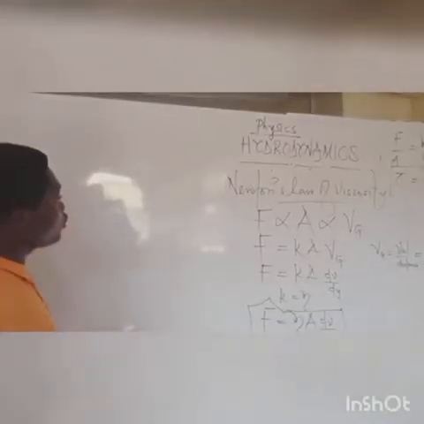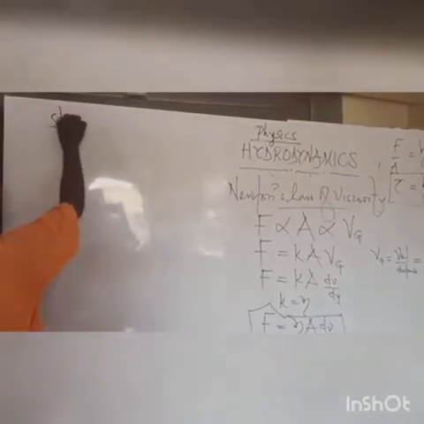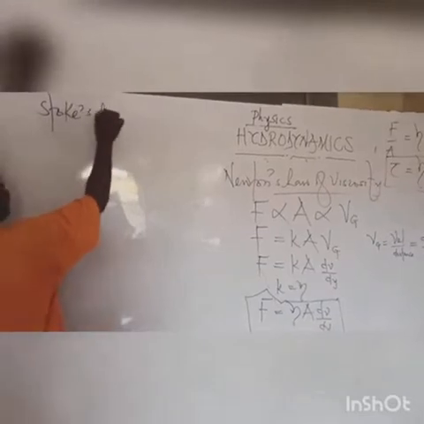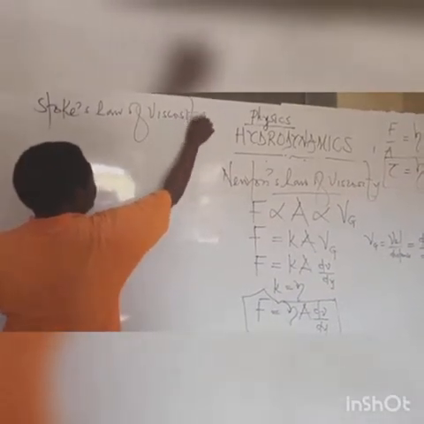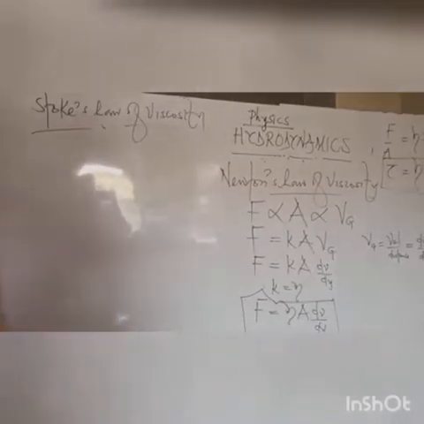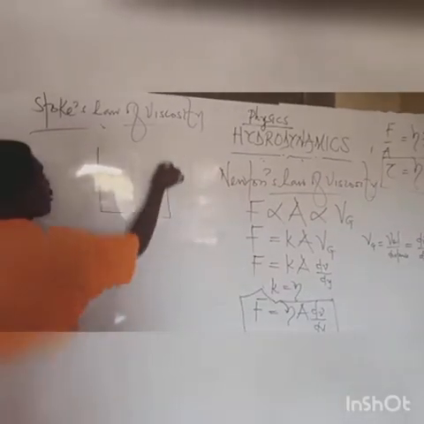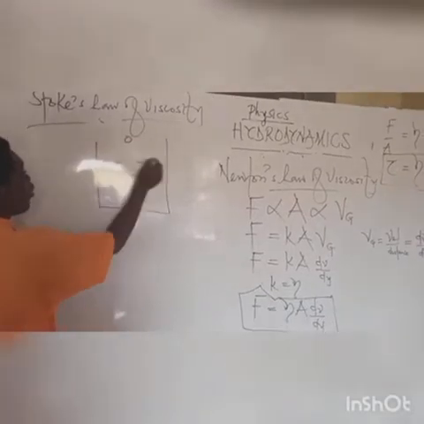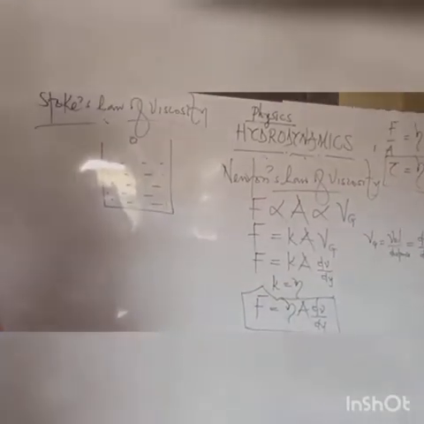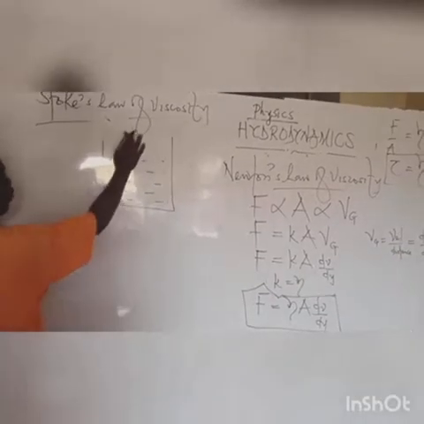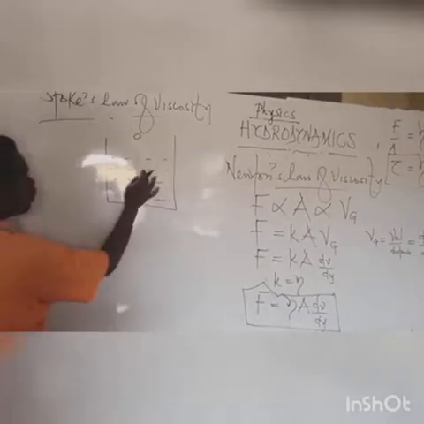Let us look at Stokes' law of viscosity. According to Stokes, when a spherical metal ball is brought into a viscous liquid, this is a spherical metal ball, and this is the viscous liquid.